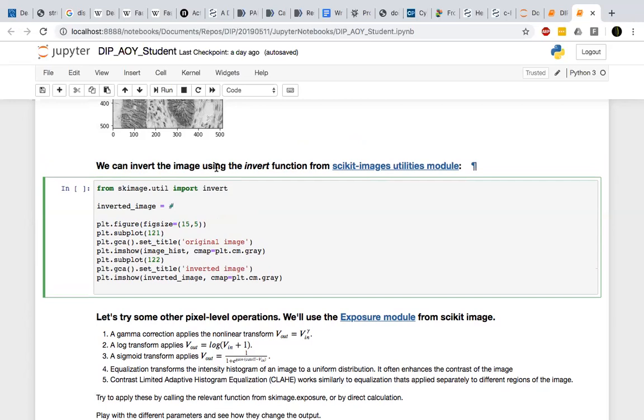It takes the input to some power. If you have numbers that are smaller than 1, the higher the power, the more it's going to stretch the difference between the brightest images and the darker images. So it is a contrast. So yeah, it changes the contrast in that way.